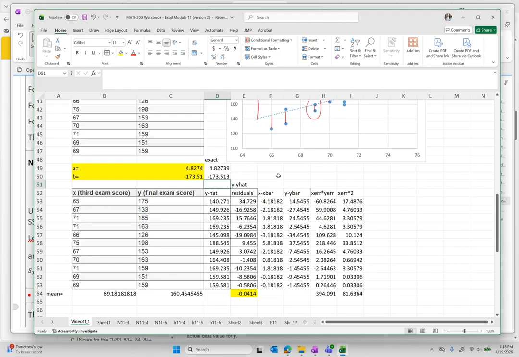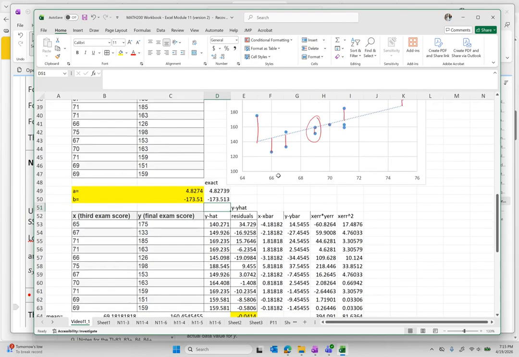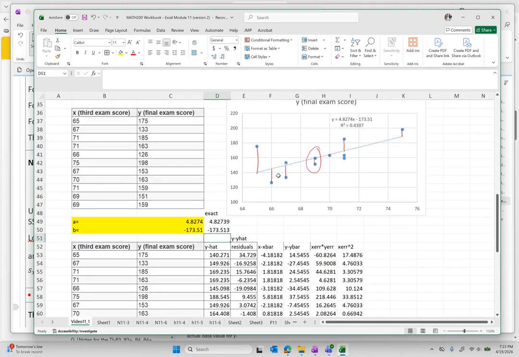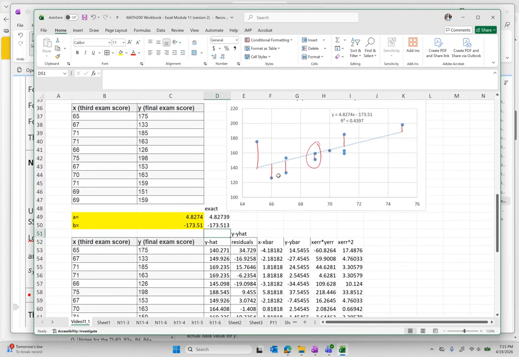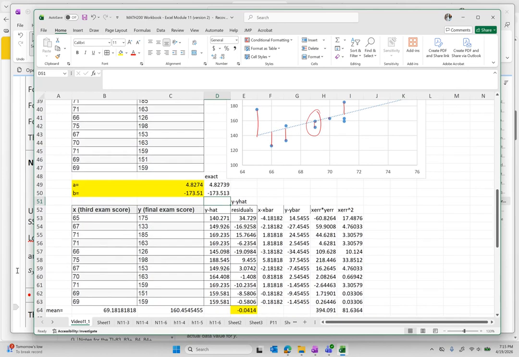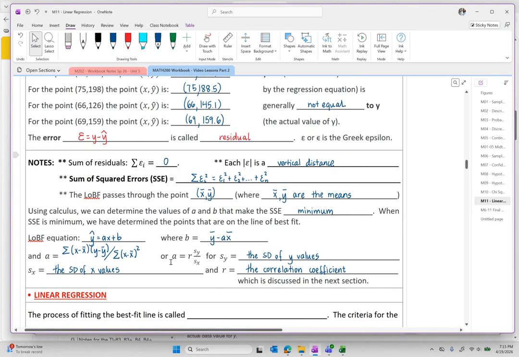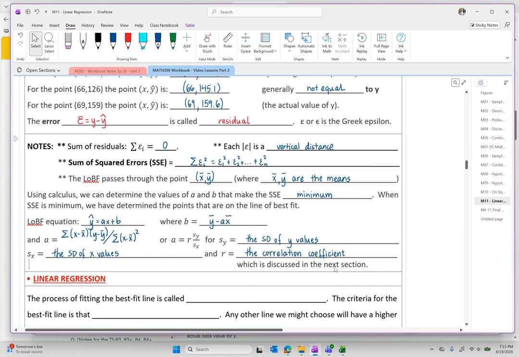But again, I see how Excel, when it gave me the equation, rounded to some certain accuracy. So I can see how these work. If I find the standard deviation of y and x, and I have found the value of A, I can find this R, the correlation coefficient, which we will be looking at later in this chapter.